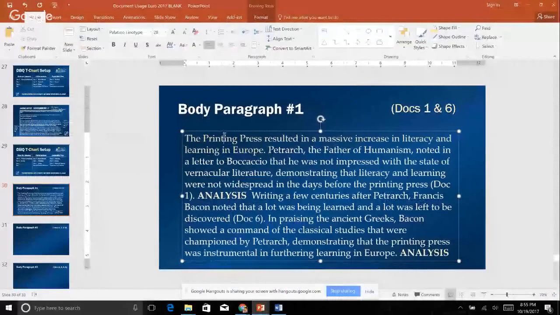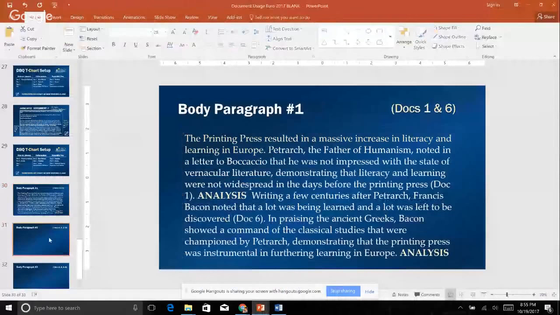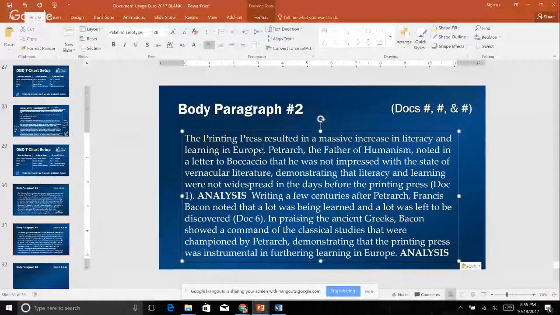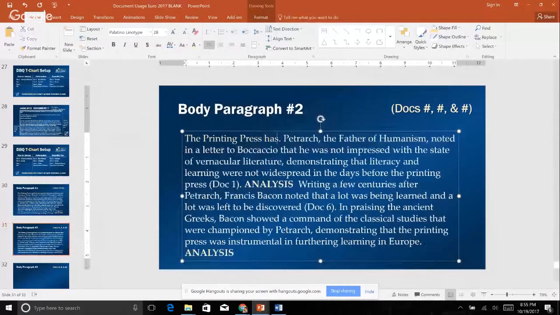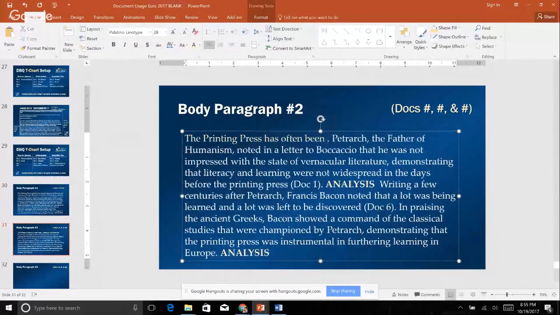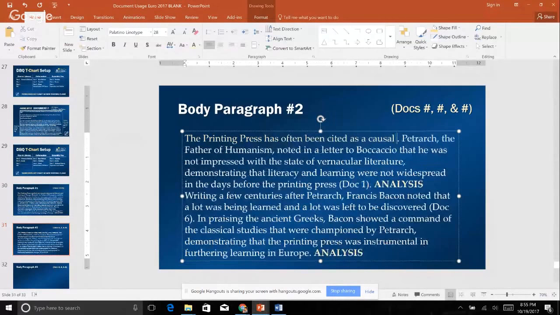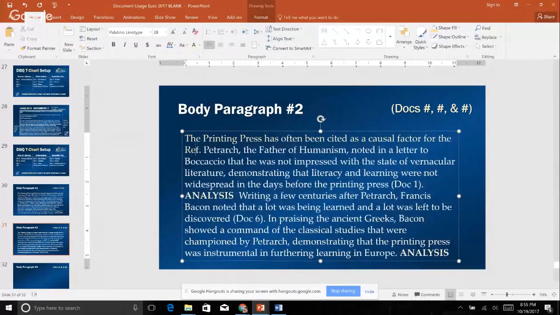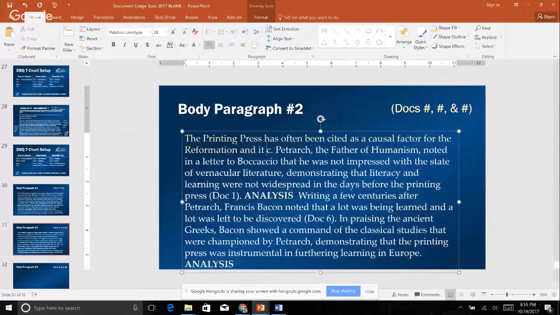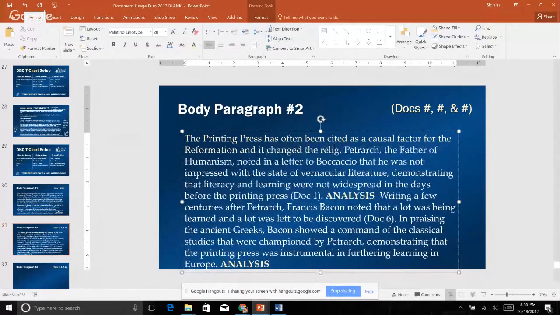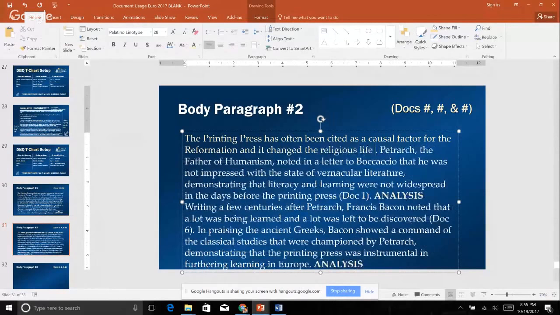Okay, so what I would note here for body paragraph 2: the printing press has often been cited as a causal factor for the Reformation, and it changed the religious life of Europeans.